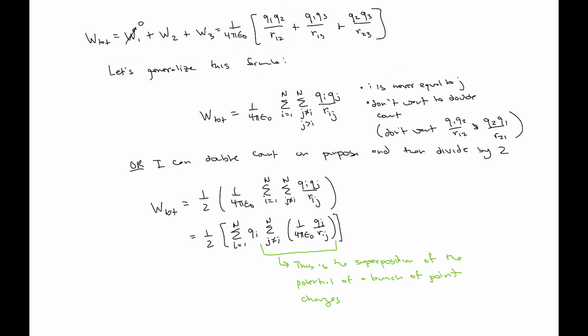Which is to say that I can simplify this even more and say, oh, if I want to pull in some charge, I just have to sum the magnitude of that charge times the potential at that charge's location due to all the other charges, okay? And I'll do an example because I found this a little confusing the first time I learned about it. So I'm going to do an example to show you what that looks like.